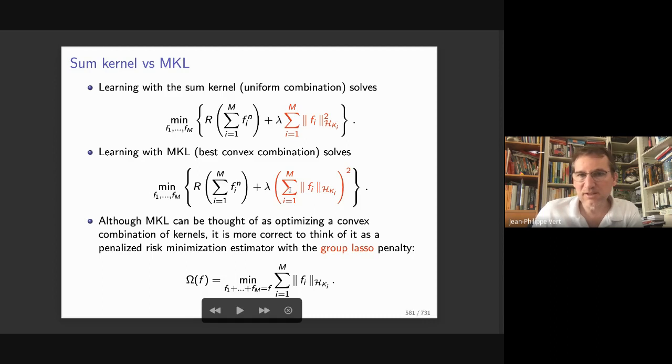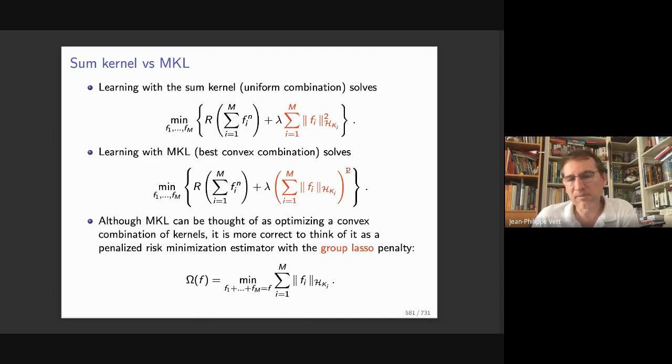And so the penalty, you can write it as the sum of norm of Fi or the sum of norm of Fi squared. This gives the same set of constraints, right? So think of the square in the MKL formulation as not important.